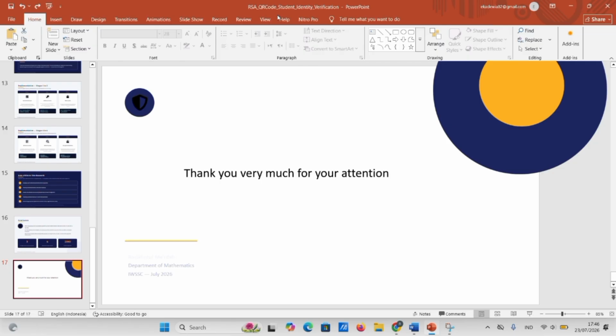Only authorized university officers possessing the private key can decrypt and verify student identities. This project illustrates a practical implementation of pure mathematics, especially number theory, in digital security systems, which aligns closely with the theme of the International Walisongo Science Competition.